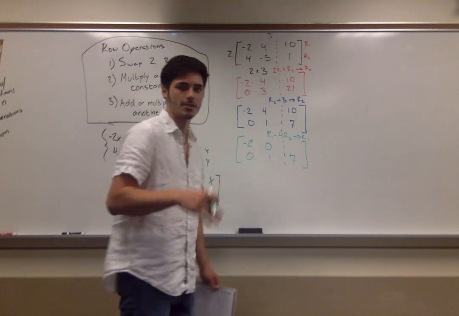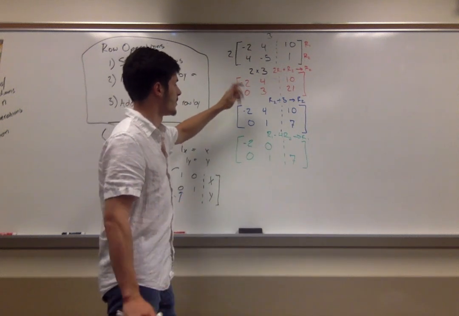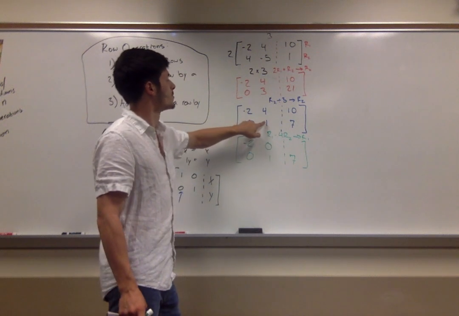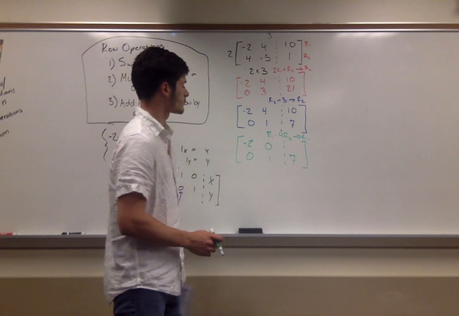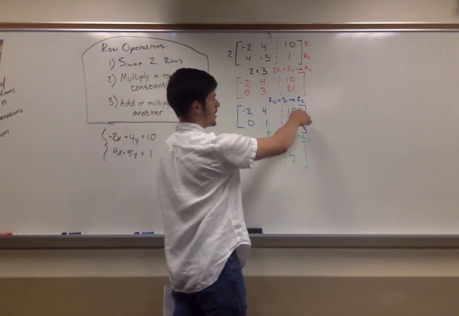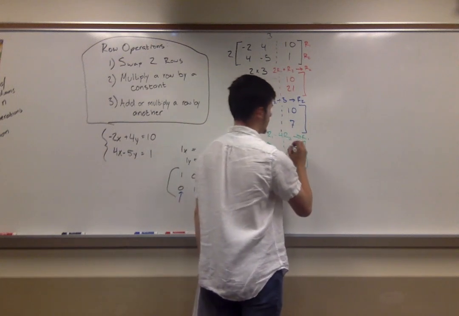I had all my negatives and minuses mixed up there, I apologize. But once again, that's 4, which is in row 1, minus 4 times row 2, which gives us 0. And lastly, 10 minus 4 times 7 is going to be -18.